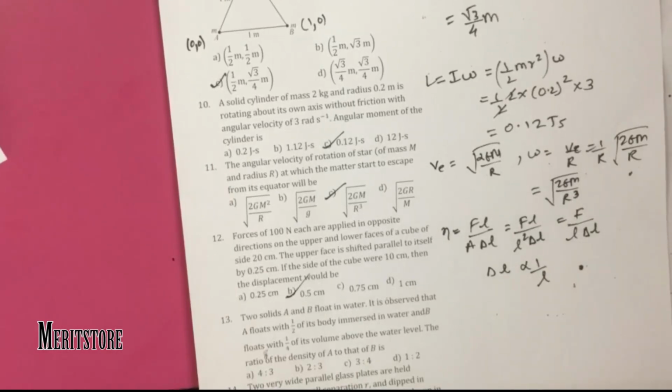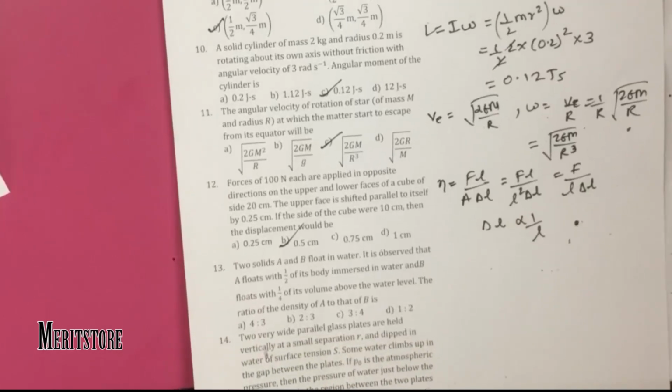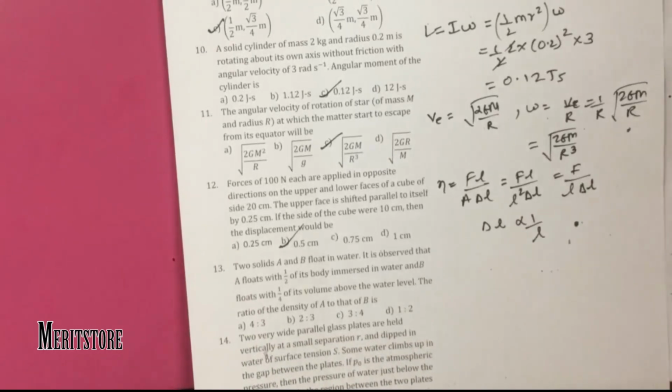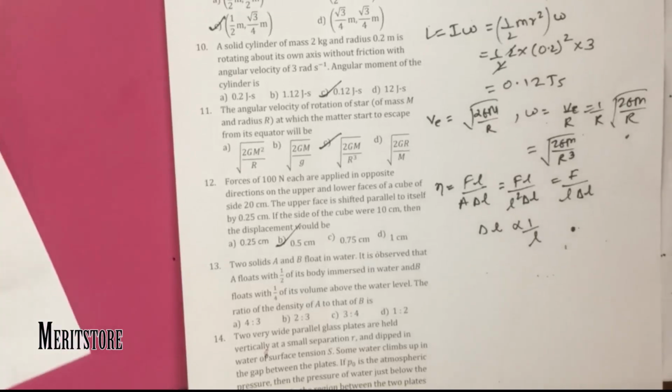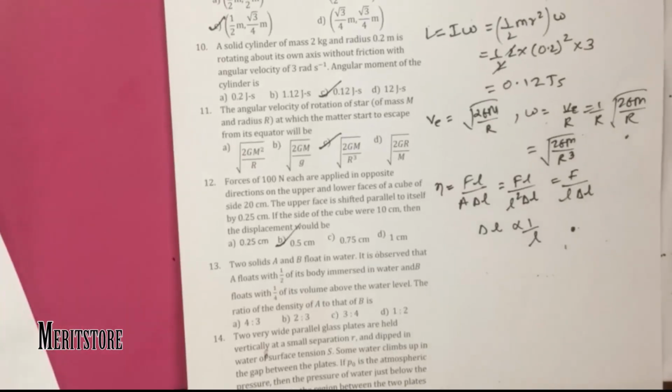Question 13. Two solids A and B float in water. It is observed that A floats with half of its body immersed in water and B floats with 1/4 of its volume above the water level. The ratio of density of A to that of B is. So for A, half its volume is above water and half its volume is below water.